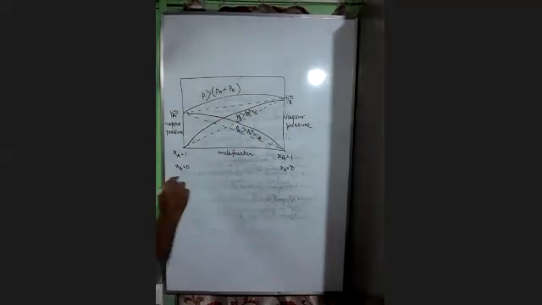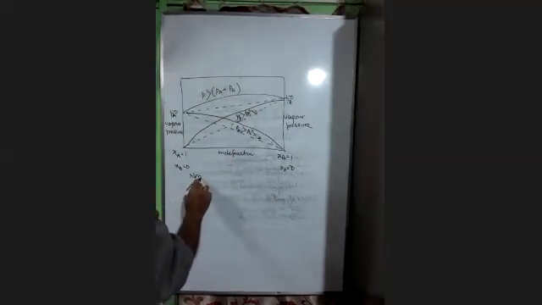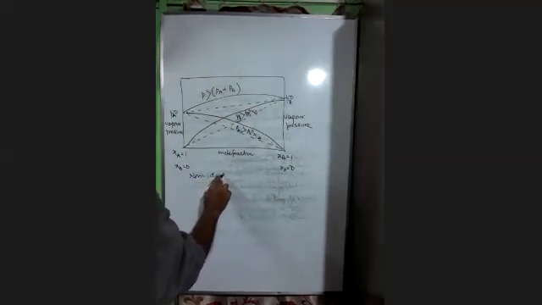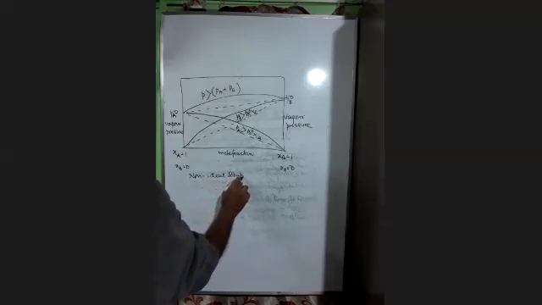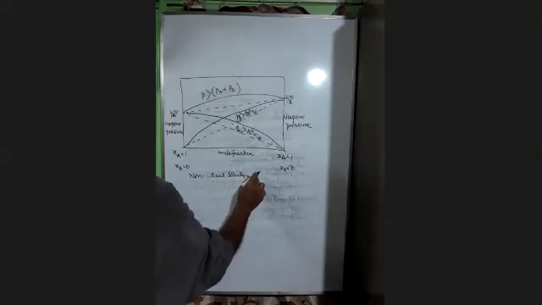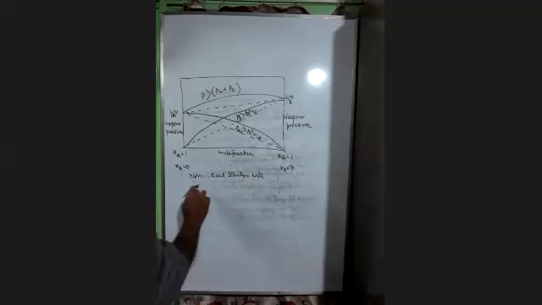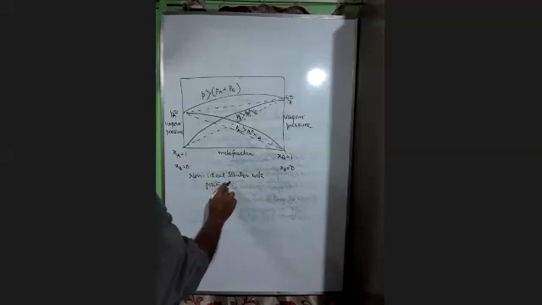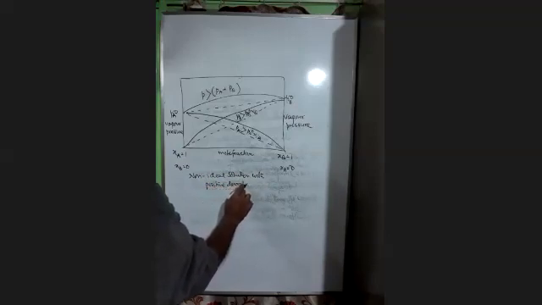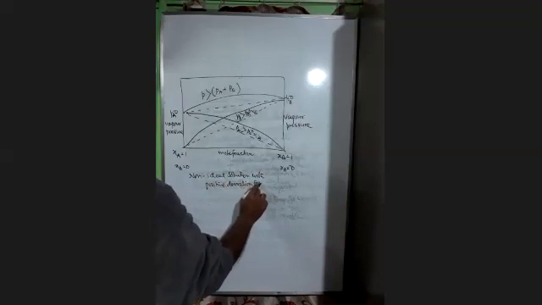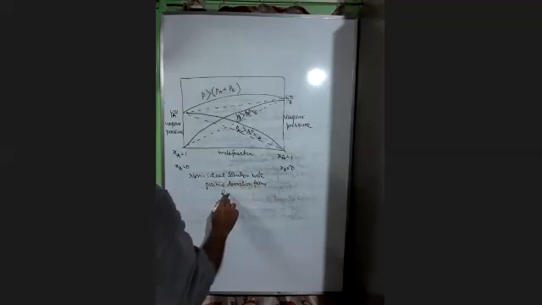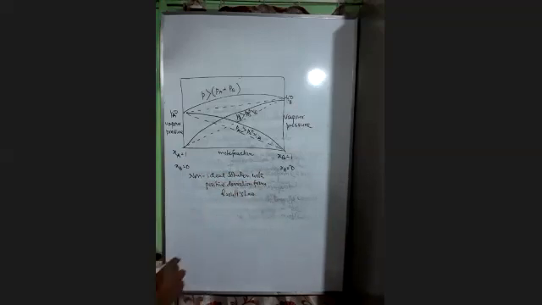And this is what? Non-ideal solution with positive deviation from Raoult's law. Generally, we do not say such a long one. We say non-ideal solution with positive deviation. Or what we say?